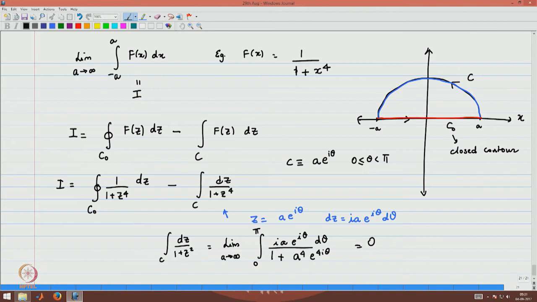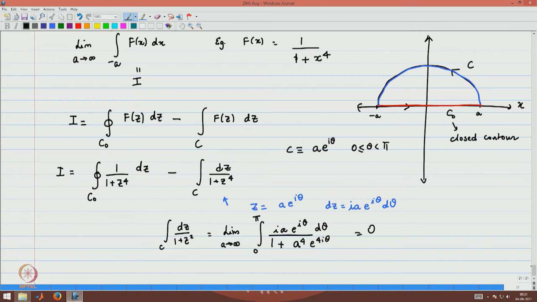You can actually solve this integral if you want, and show that indeed this integral goes to 0 in the limit as a tends to infinity. But I am not going to bother doing that, because in some sense it is fairly obvious that this integral will go to 0.